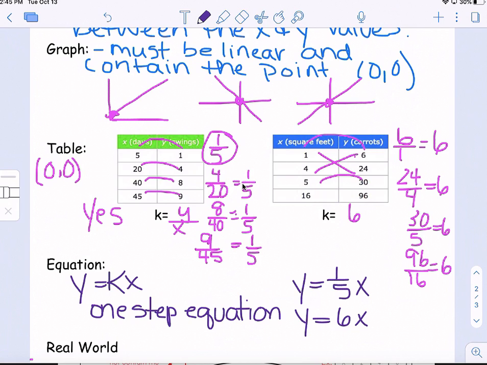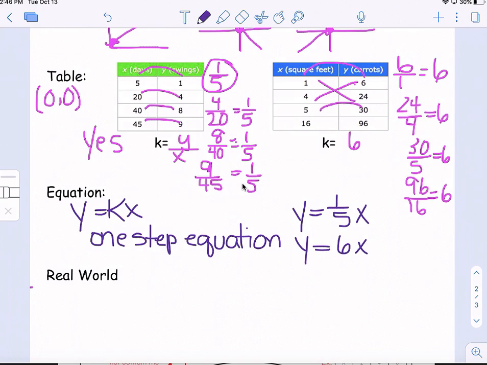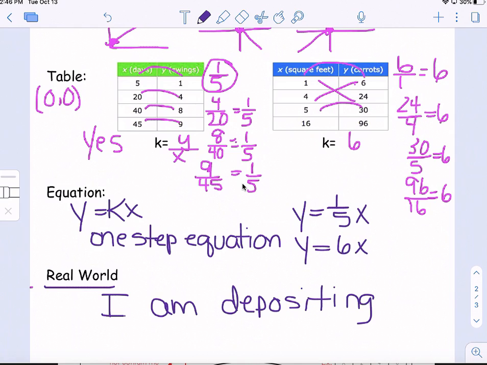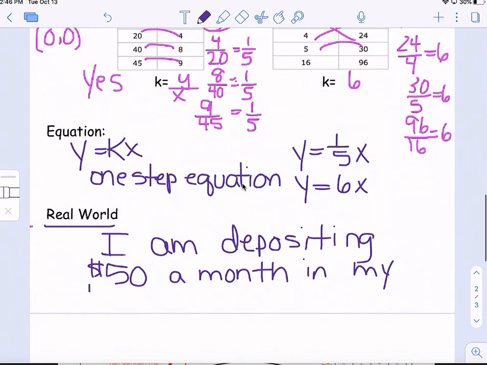It's just one step. So a real-world example of a proportional situation would be something like: I am depositing $50 a month in my bank.